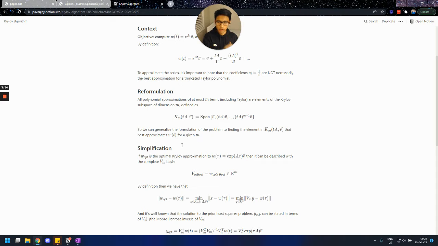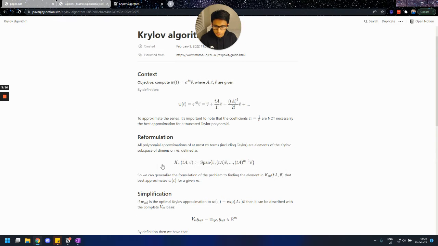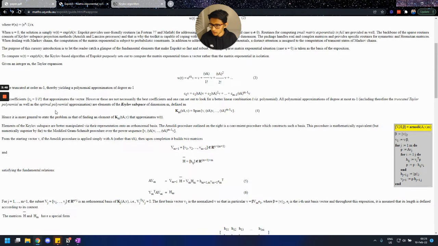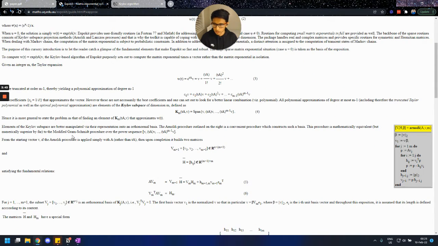Okay, so we can further simplify this problem, but I just want to go back and quickly recap what they talk about here. So they say that all polynomial approximations of degree at most m minus one, including this, are therefore elements of the Krylov subspace of dimension m, as what I said before.